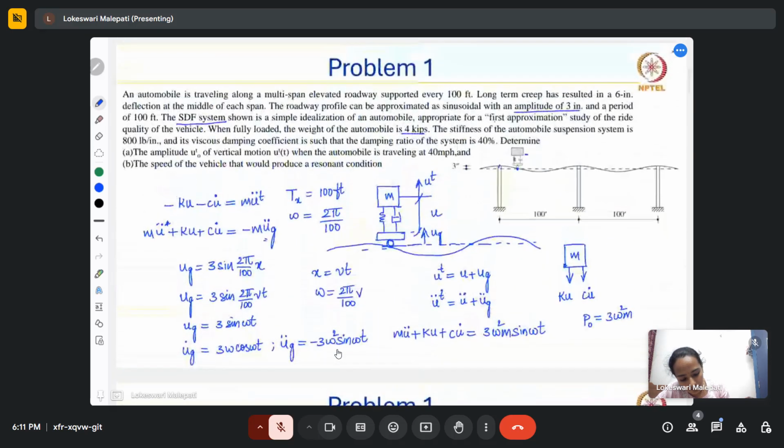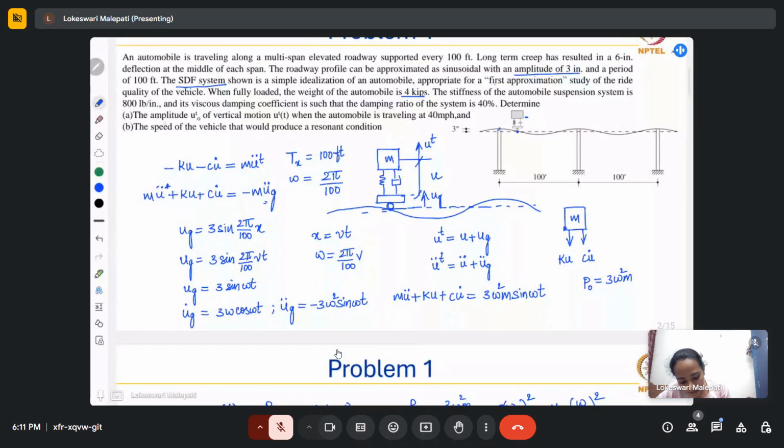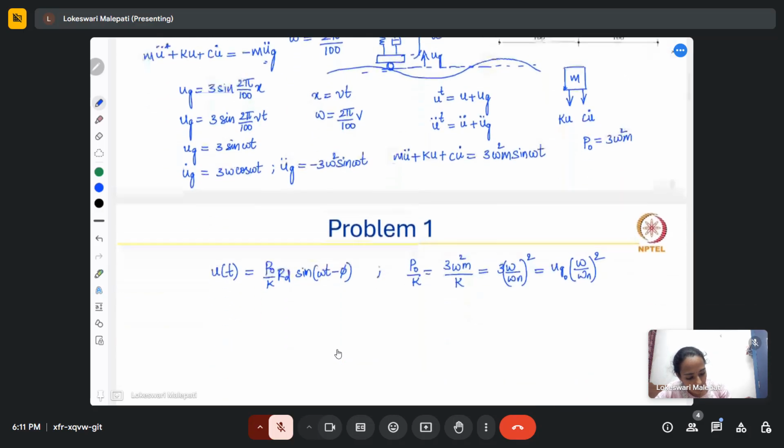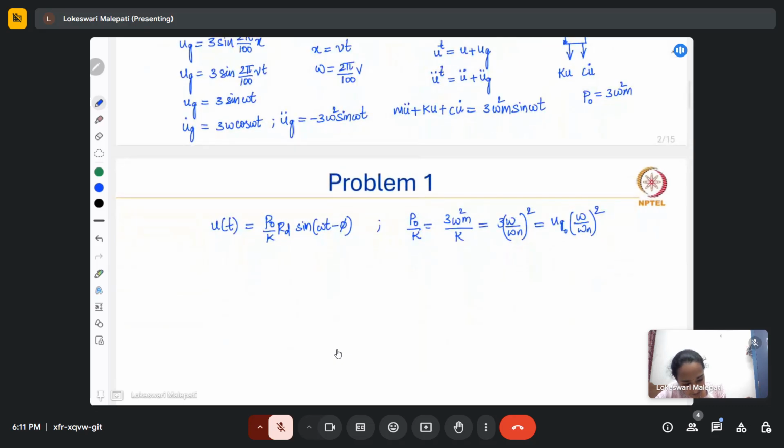But in the question, what is asked is the amplitude ut naught. That means we need to find the total displacement. The total displacement is the sum of the relative displacement plus the support displacement. So we can write that down.